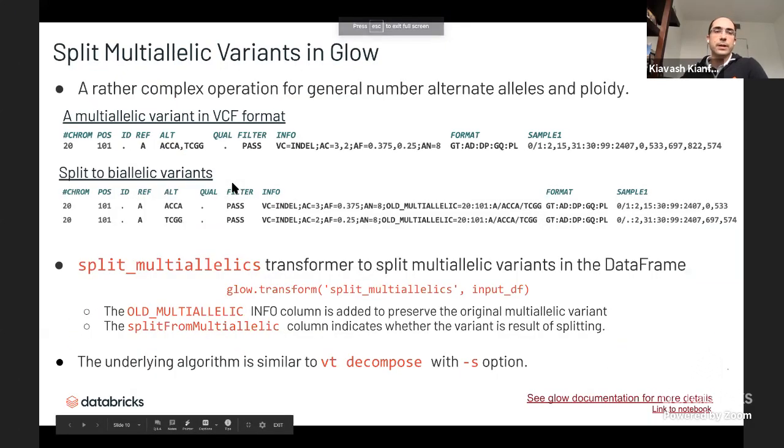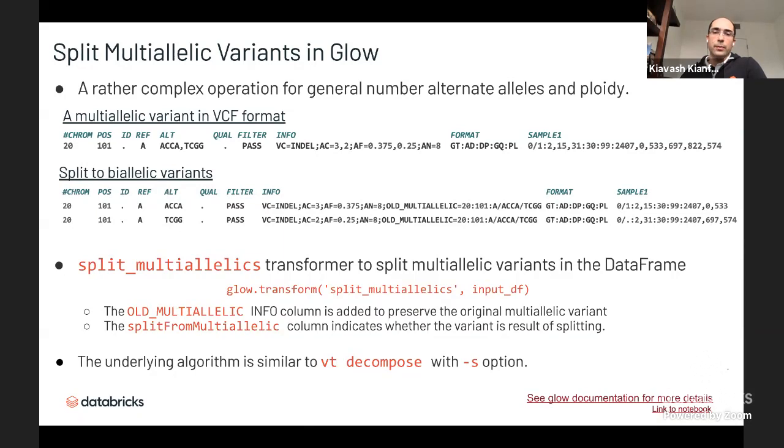We have a splitting of multi-allelic variants. This is a rather complex operation as well, and we have implemented the best of the breed algorithm that is available for this, which comes out of the vt package, the decompose tool.